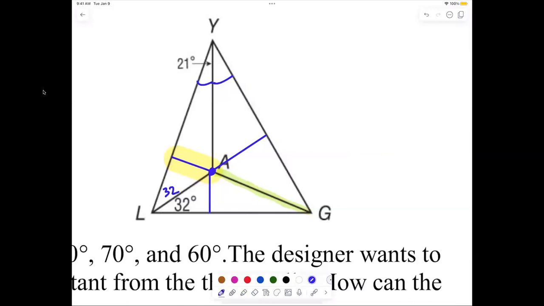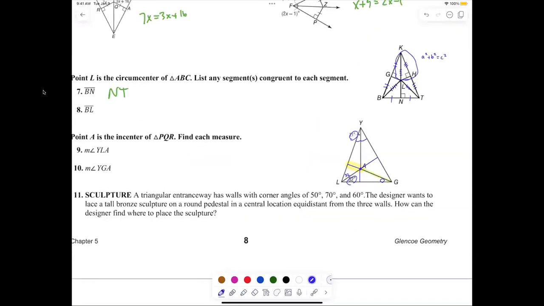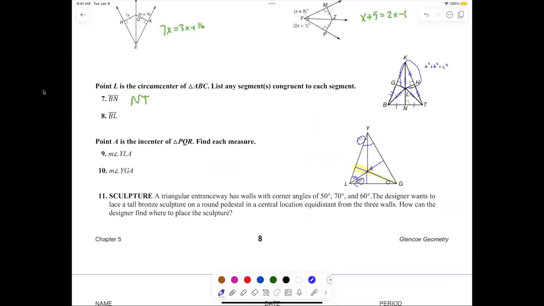So that means this angle and this angle have to add up to what? That's just a shortcut. You don't have to do that, of course. You can just say 64 plus 42, subtract from 180, but that's just a little shortcut there. Anybody have any questions with that? So that's the information.